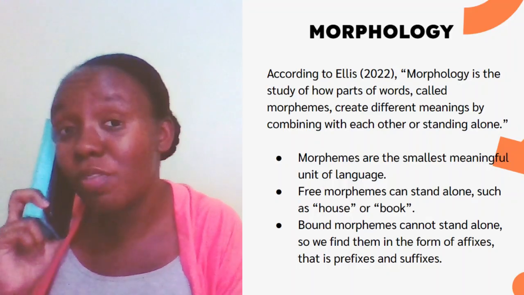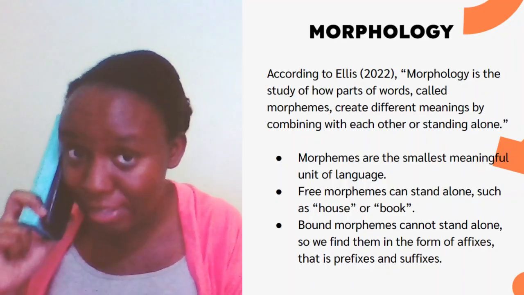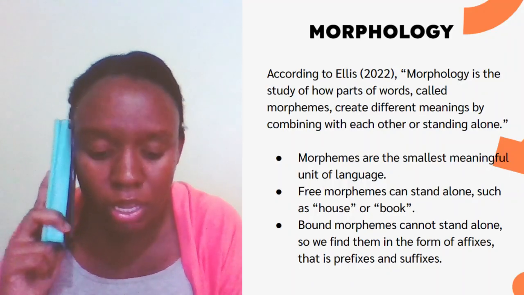Okay, let's move on to the final subsystem, morphology. According to Ellis 2022, morphology is a study of how parts of words called morphemes create different meaning by combining with each other or standing alone. That's complicated. It's really not complicated. Morphemes are the smallest meaningful unit of language. Free morphemes can stand alone, such as house or book.